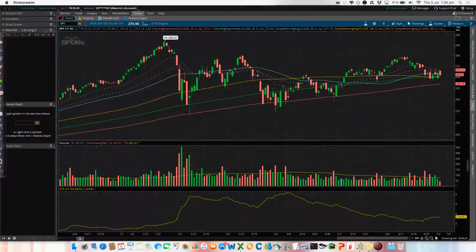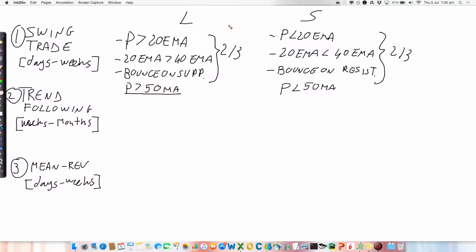In addition, there is no strong bounce on some support. So if you look here, it means that this condition, price above the 20, is not true. This is the only true condition, okay, this one. And this is not true. And this is also not true.